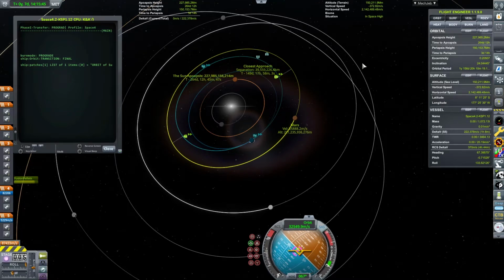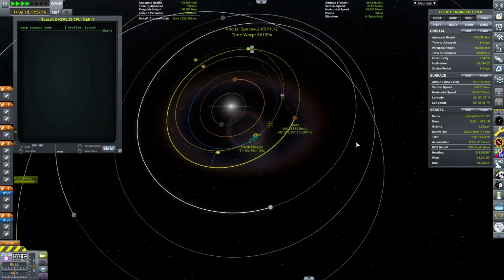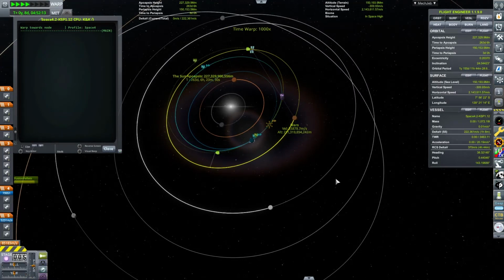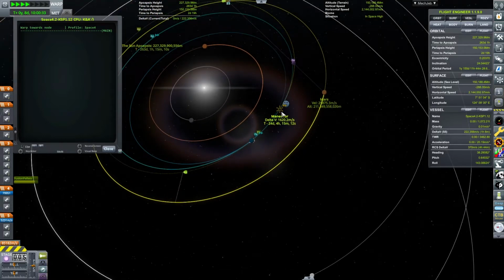Okay, so now we already calculated our node, which will do the interception with Mars orbit. So this will be our last burn, let's say, to intercept Mars. What we have here is the maneuver node in 24 days.